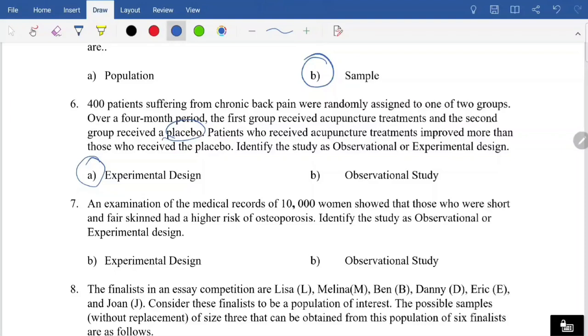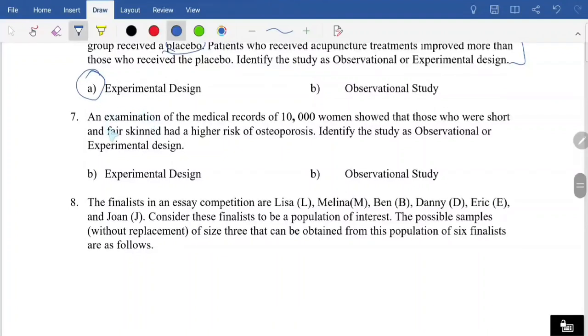Based on the wording of the question, this is clearly a case of experimental design. Number 7 says, an examination of the medical records of 10,000 women showed that those who were short and fair-skinned had a higher risk of osteoporosis. Identify the study as observational or experimental design.